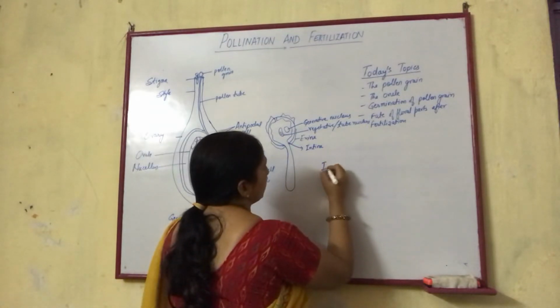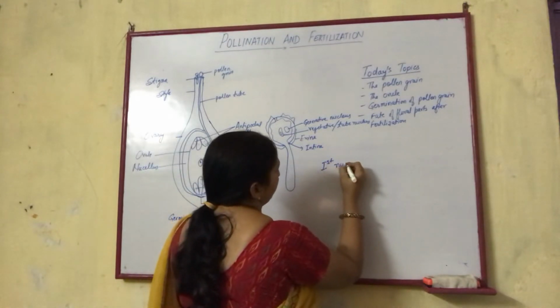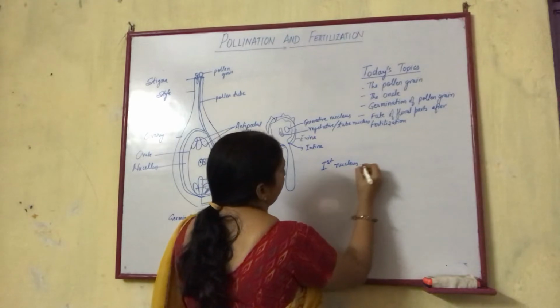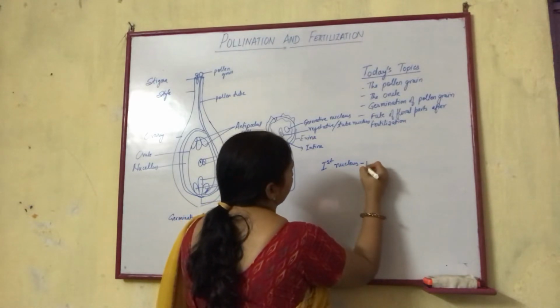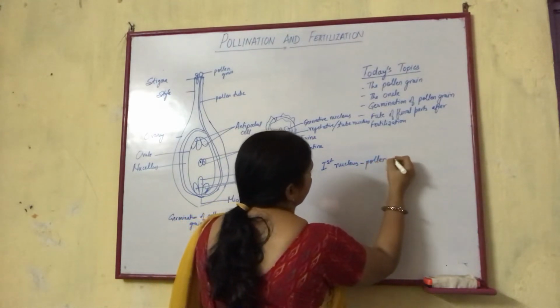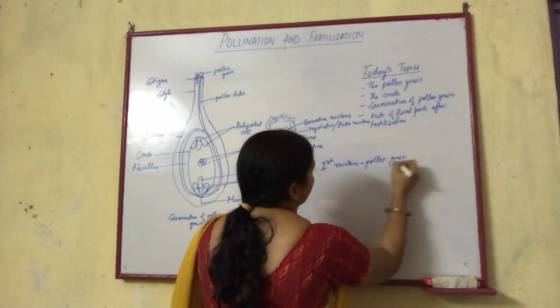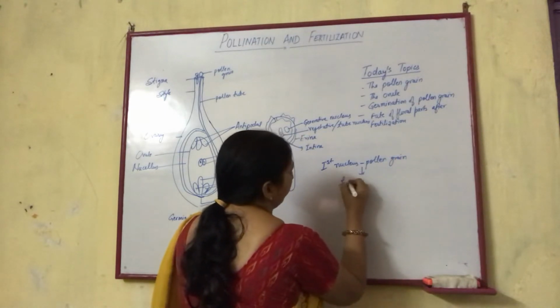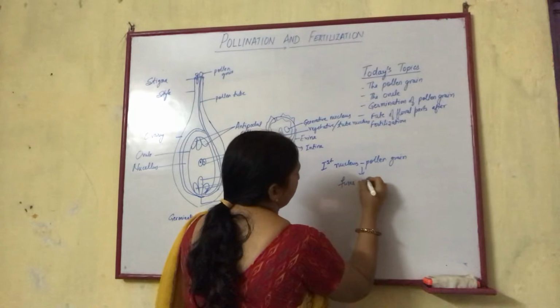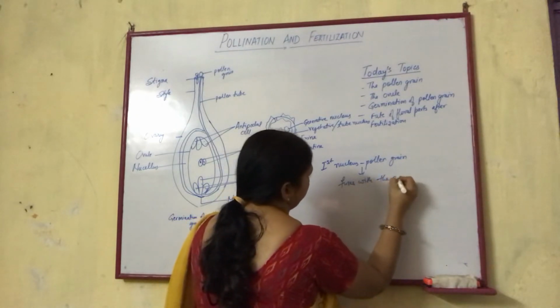First, one nucleus of the pollen grain fuses with the egg cell.